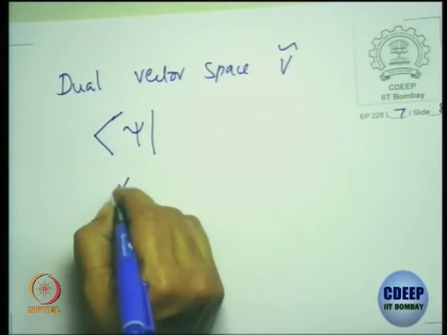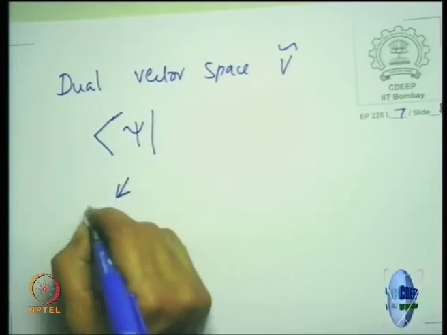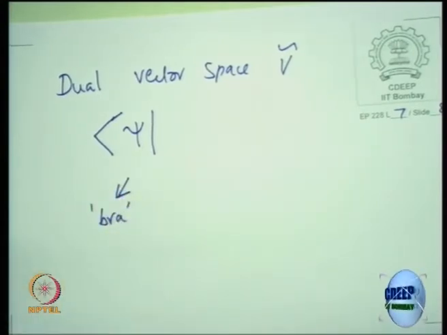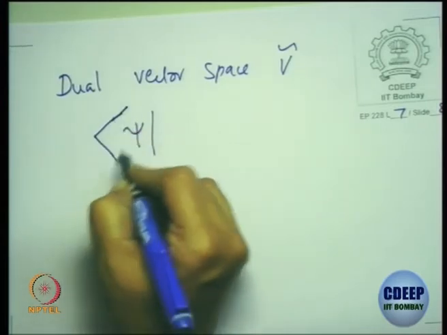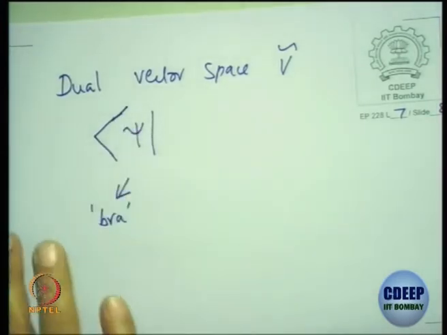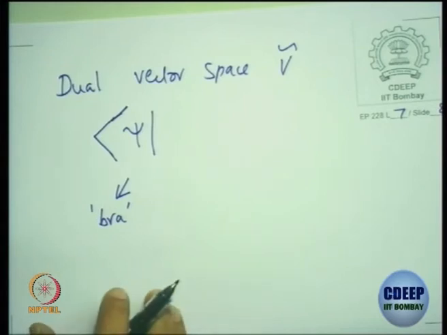This is called a bra. Dirac introduced this notation, and we all universally follow it. This is the angular bracket written in the opposite fashion.